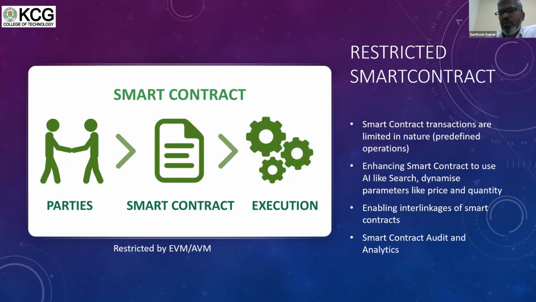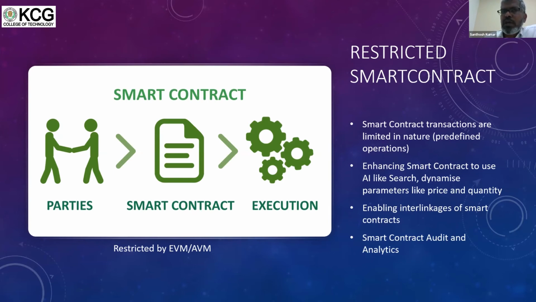Hyperledger, Ethereum, etc. provide a slightly higher degree of operations, but they still restrict the overall operations that can be used in smart contracts. So that's another place where we could look at AI to predict, to enhance, and to bring determinism into any type of operations required in smart contracts, and enable the functionalities of smart contracts.